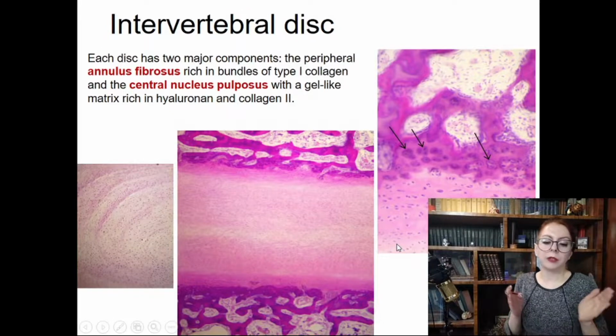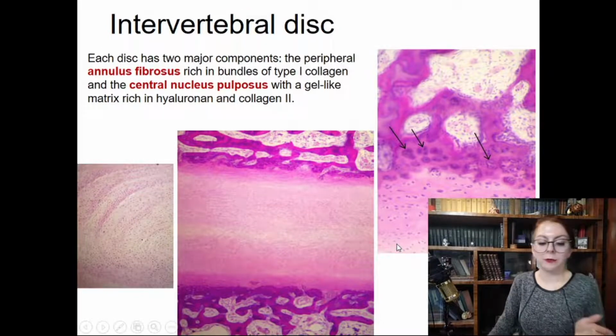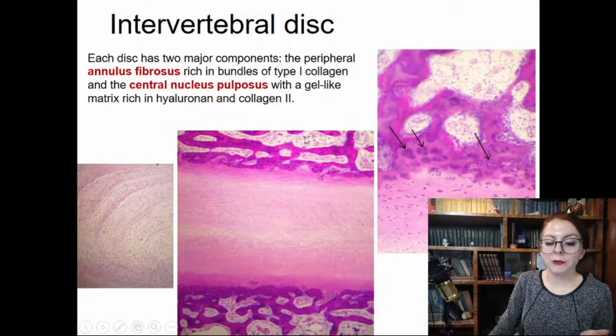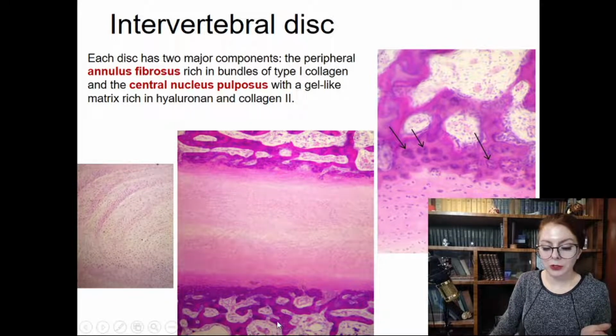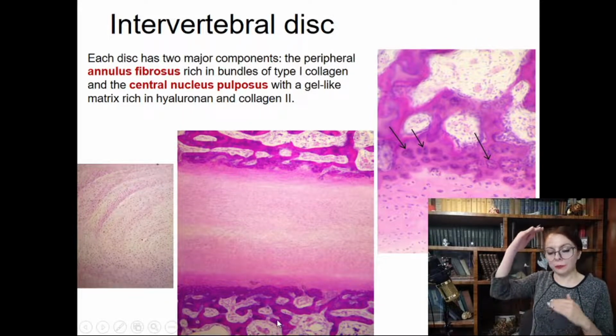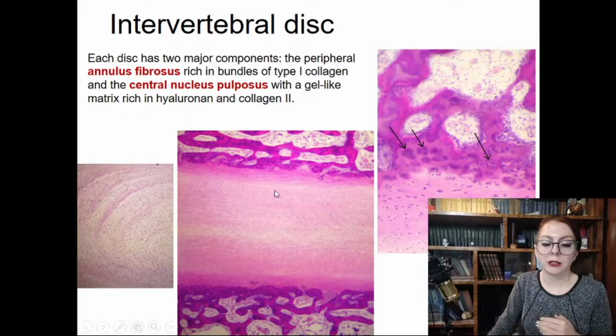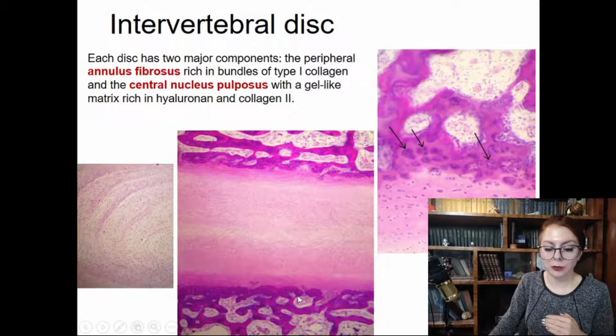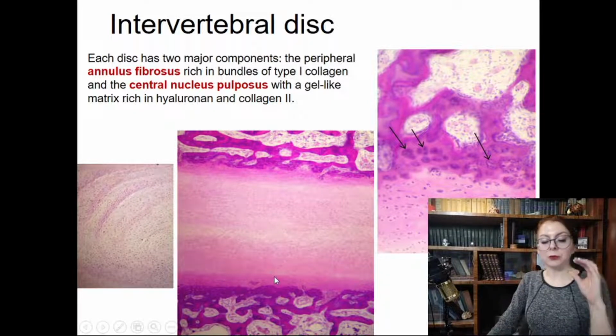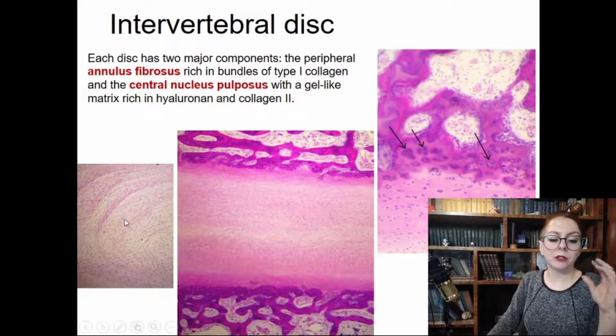And here the intervertebral disc is given. Notice that here there is bone tissue as well as there, so there are two vertebrae on each side, and in between the two vertebrae there is an intervertebral disc. In the intervertebral disc there are two components.